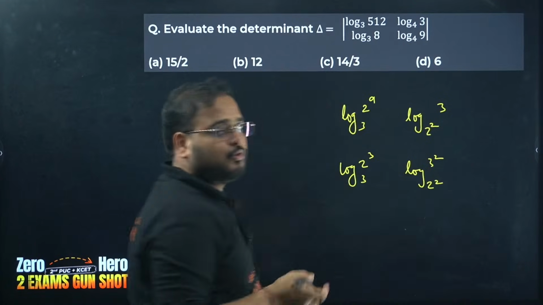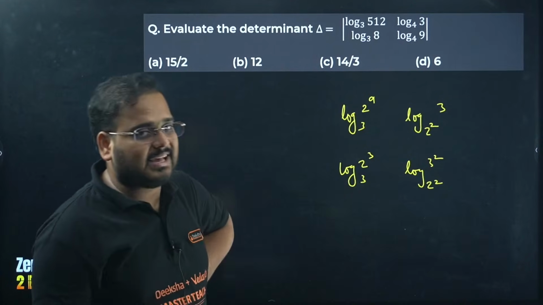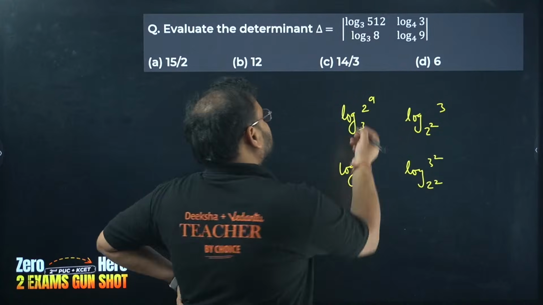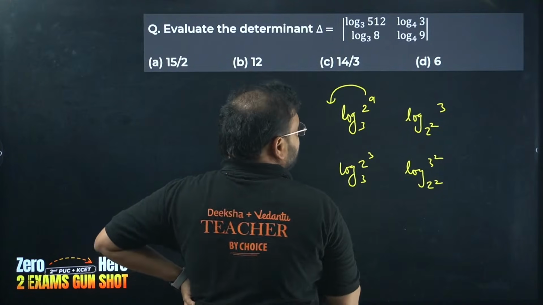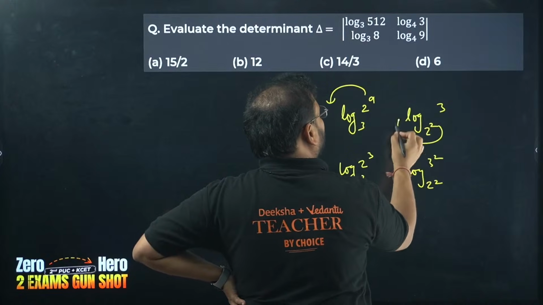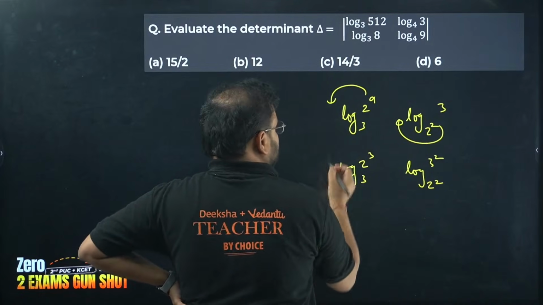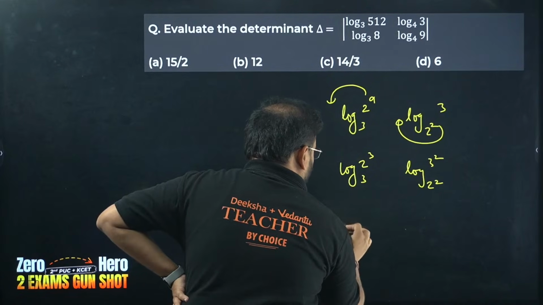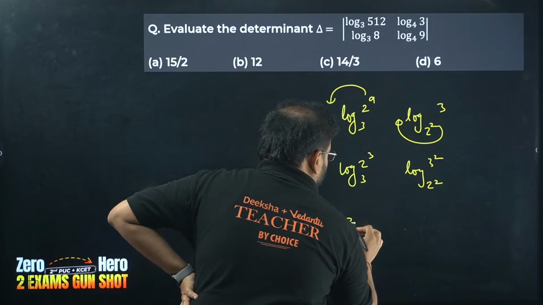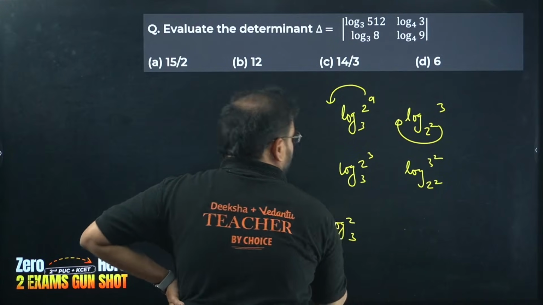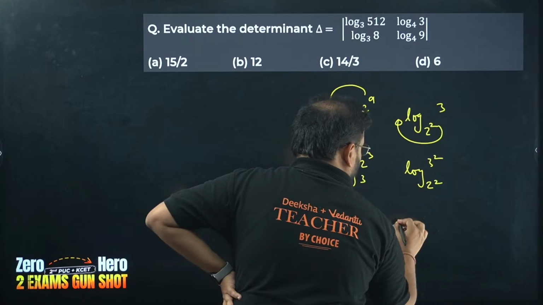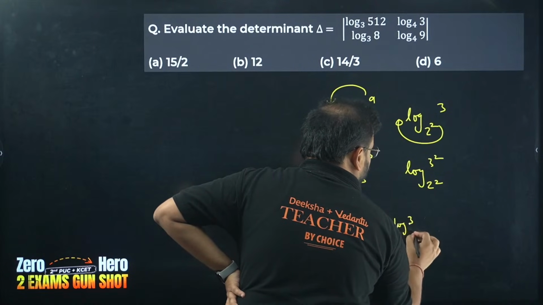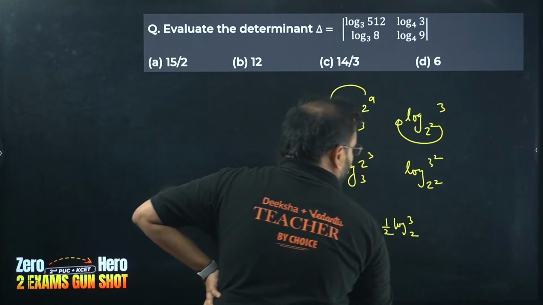Now it's time to use the properties of log for both the base and the value that we're looking for. So this will come as the coefficient in the numerator, and this will come as the coefficient in the denominator. So the final answers will be: log of 2 with the base 3, 9 comes in the front, and we have over here log of 3 with the base 2, and we get 1 by 2 over here.